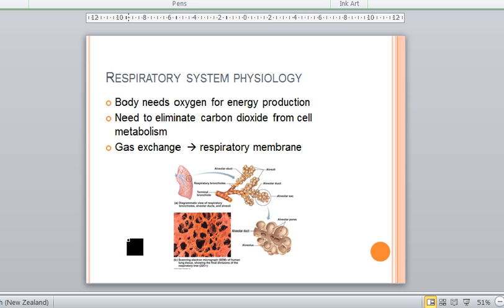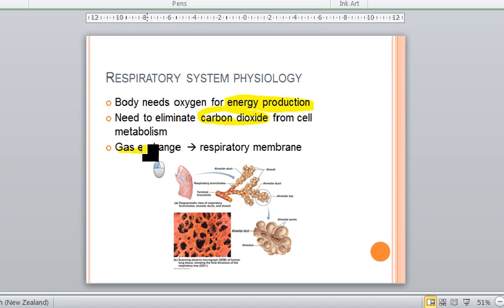And why do we need gas exchange? Well, this is actually part of respiratory system physiology, because we need oxygen to produce energy, and as a result of energy production, the cells produce a waste that is carbon dioxide, which needs to be eliminated.